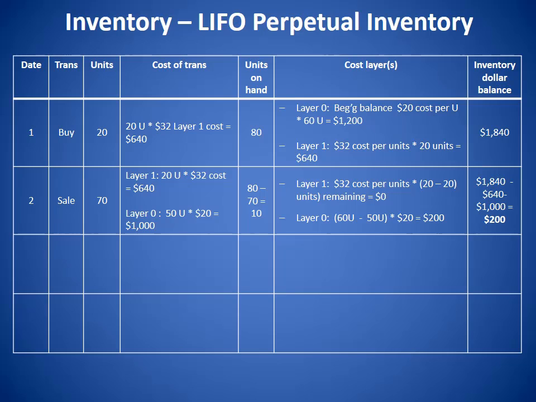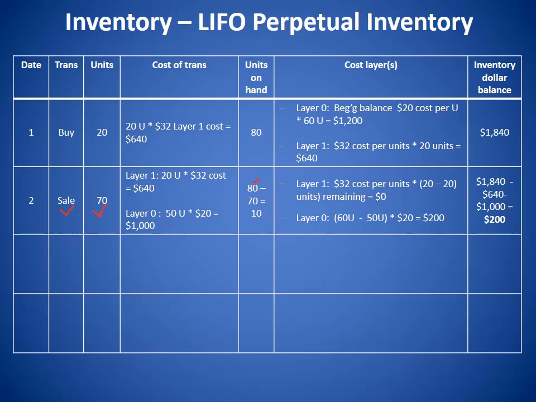Now we're going to go on to transaction number 2. Transaction number 2, or date number 2, if you will, shows that we sold inventory, and we sold 70 items. Again, when we take a look at our units on hand, we started out with 80 from the previous transaction.